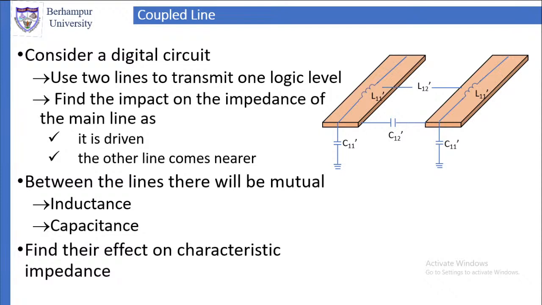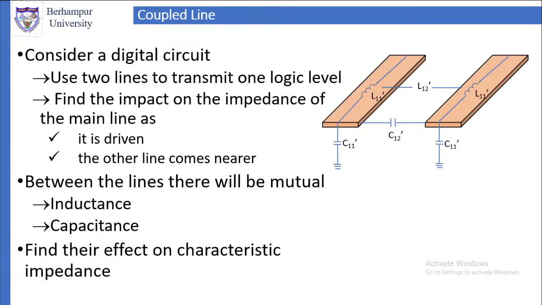Between these two lines there will be some capacitance also, because the two lines have a height, so there is a plane along the height. There is a plane in the first line and a plane in the second line. Two metallic planes separated by some distance give rise to a capacitance, that is C12 prime. So there will be mutual capacitance.